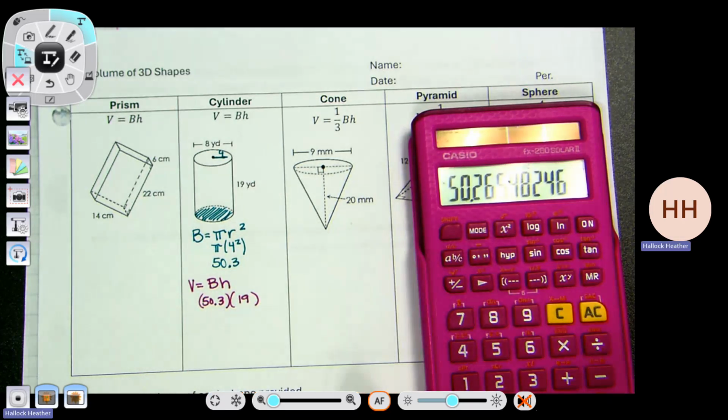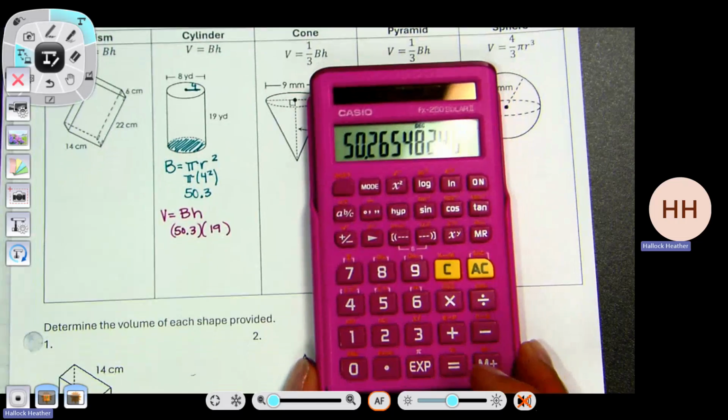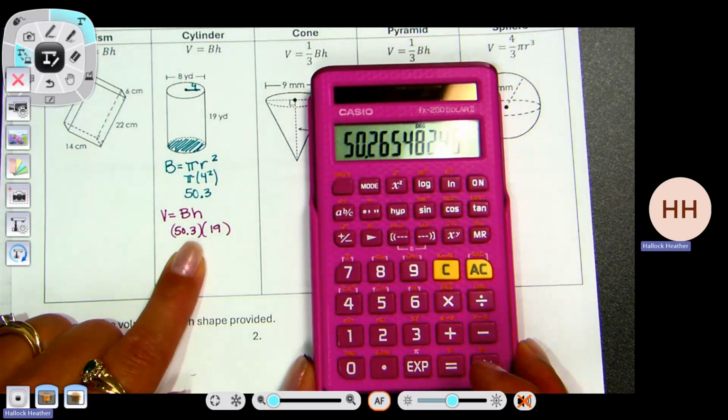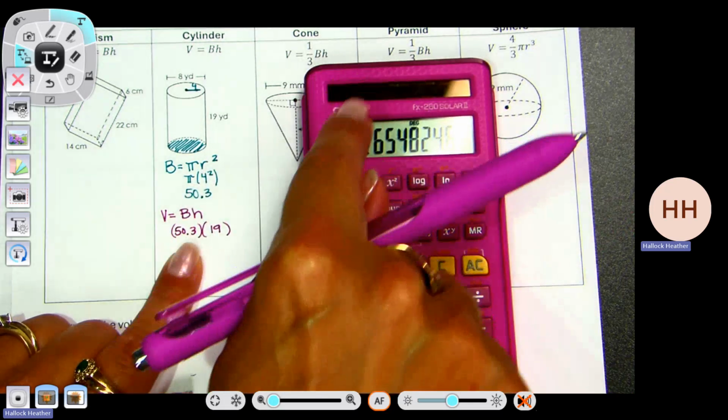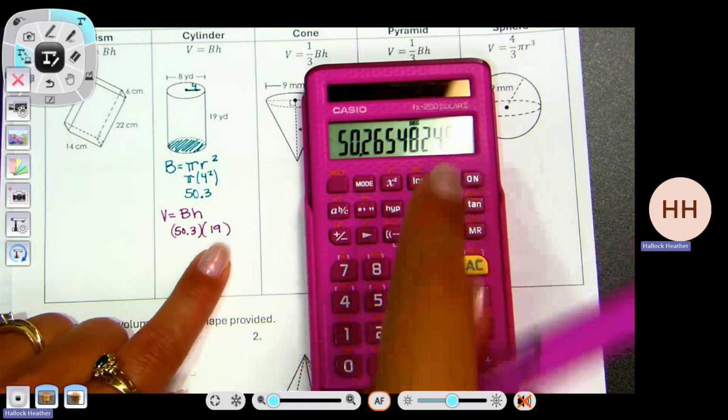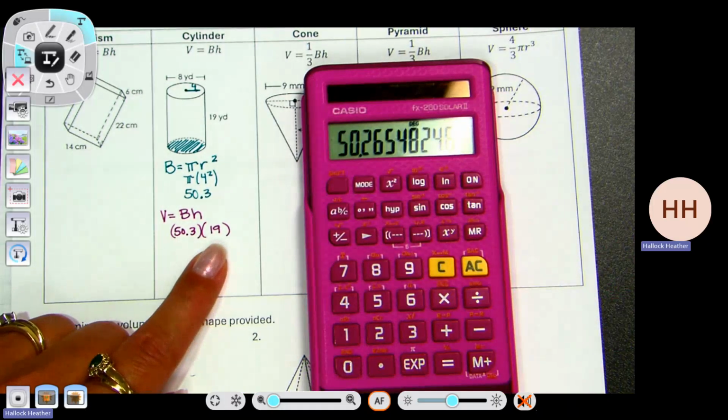Now, this is the problem. If you clear your calculator and you type 50.3 into your calculator, your decimal is going to be off. So instead of clearing it, I'm going to leave it in my calculator and use this whole decimal and press times 19. If you already cleared your calculator, it's okay, but your decimal is going to be slightly off from mine.